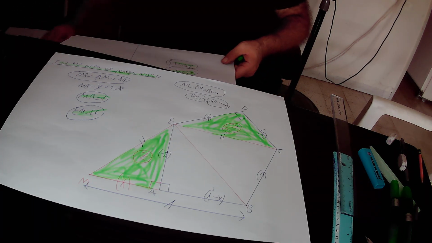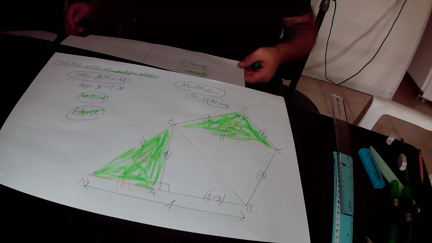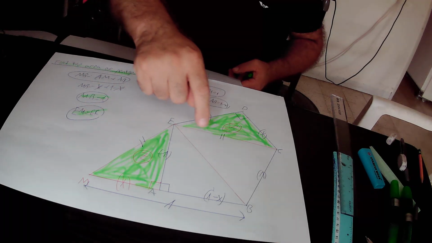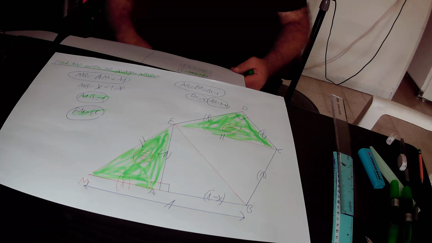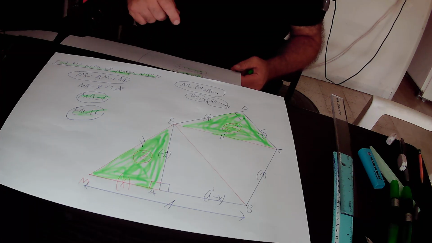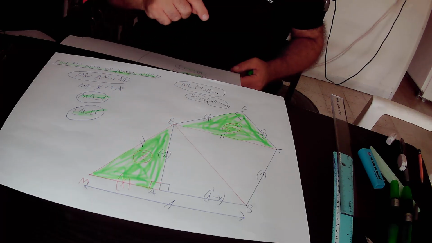In the next step, we calculated the area of this triangle MEB. The area of triangle MEB equals the base of the triangle, that is MB, times the height EA, over 2.